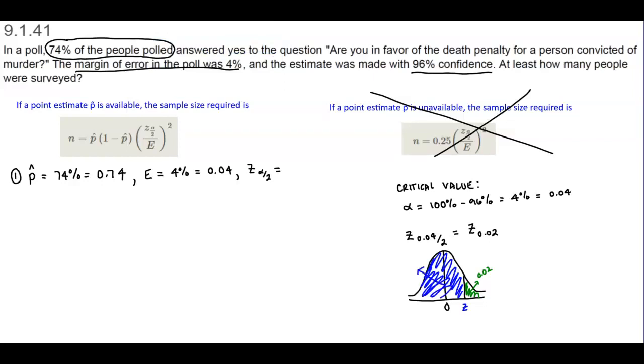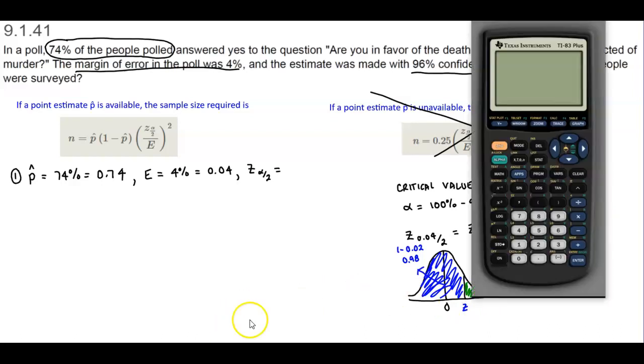So the area to the left is 1 minus 0.02, which gives us 0.98. In order to find that z-score, we're going to use technology. On the calculator, it's INV norm with the area of 0.98, a mean of 0, and a standard deviation of 1. This is going to give us our critical value, or our z-score.